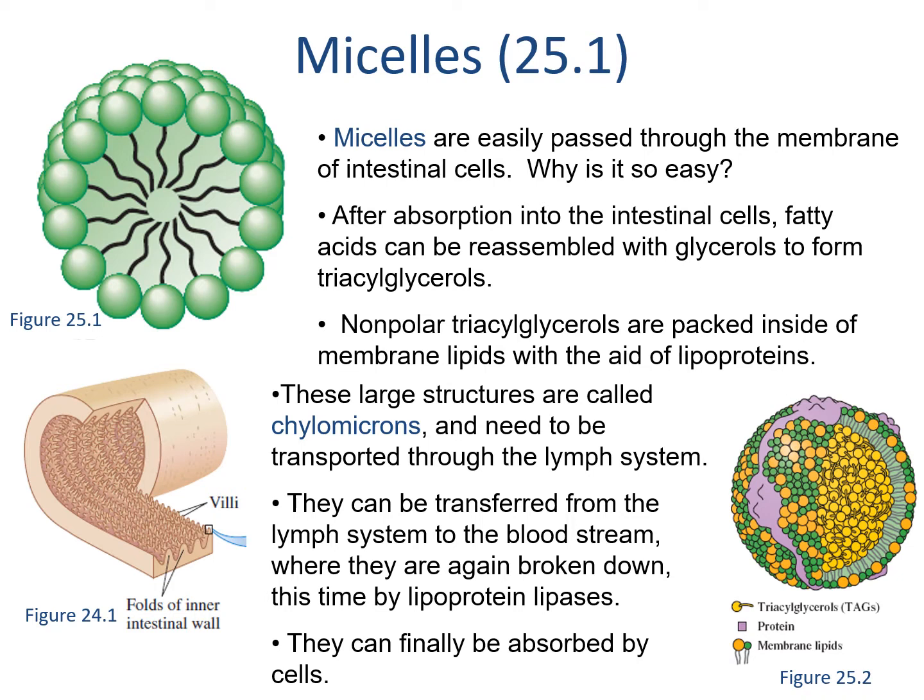They are too big to be absorbed directly into the bloodstream. The lymph system distributes these packets into the bloodstream and hydrolyzes them, again, into the fatty acids and some mixture of mono and diglyceride micelles that can then move freely through the bloodstream and be absorbed by cells. From there, they can be used or stored.